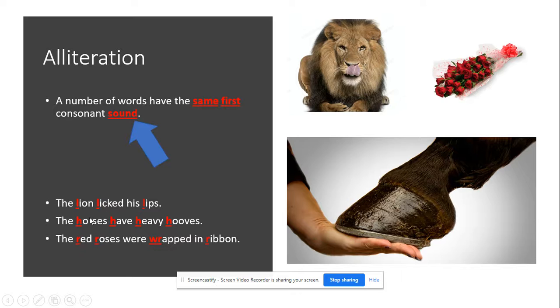So for this example, you can see the repeating beginning sound is horses have heavy and hooves. And then finally, the red roses were wrapped in ribbon. Now the repeating sound is R. However, be careful here because wrapped starts with a W, but it has that R sound. So red roses wrapped ribbon. You will choose one of these examples to copy into your box.